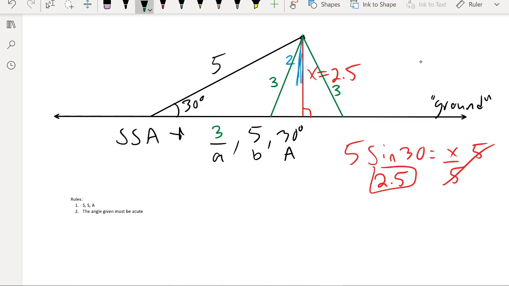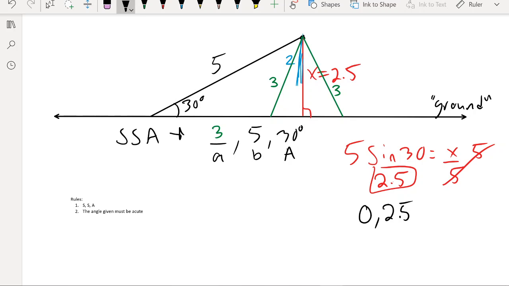So you can find it out by using a simple trig ratio, and then from that trig ratio, you have your 3 scenarios up to a certain point. Okay, so in this example, here's what's going on. If you have any number from 0 to 2.5, right? So we found that value out by doing the side given that's not across from the angle multiplied by the sine of the angle.